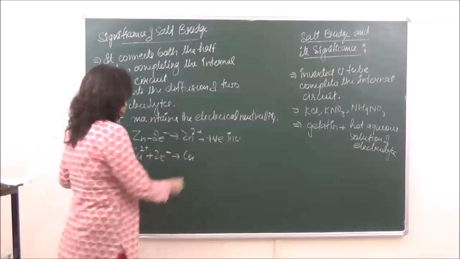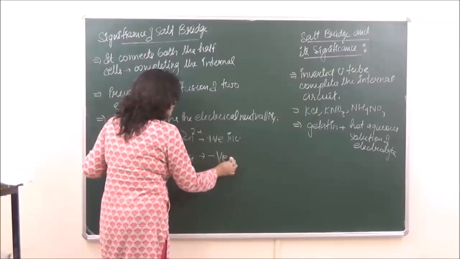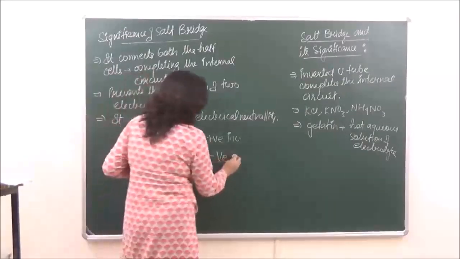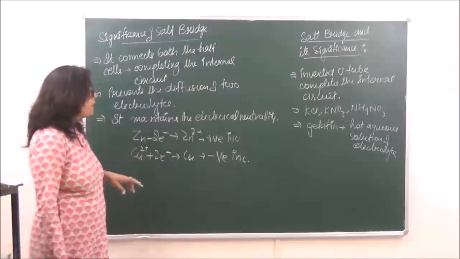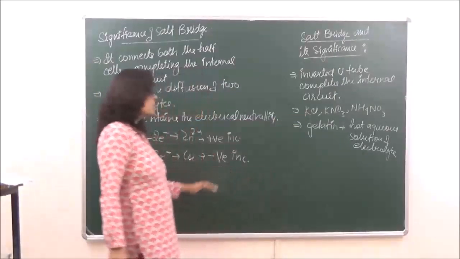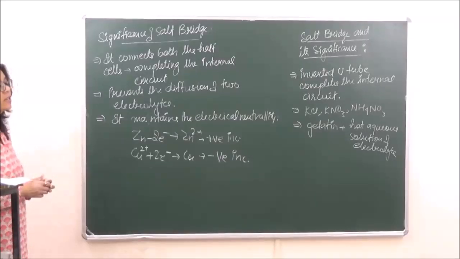Now over here, the negative charge in the solution increases, thereby the positive charge from the salt bridge again transfers from the arm of the U-tube and makes the reduction half cell neutral. This is one of the very important applications of the salt bridge.